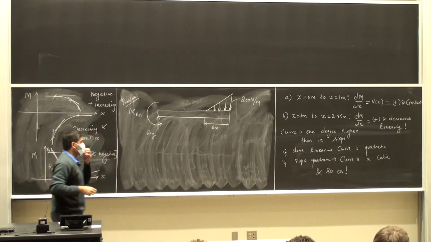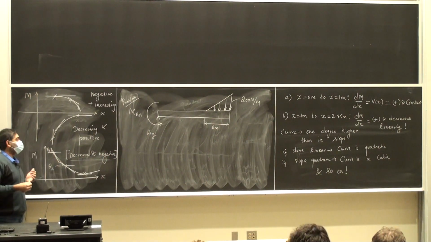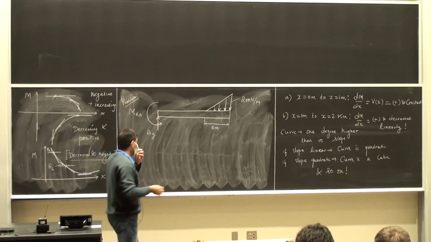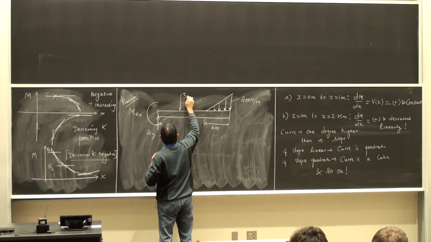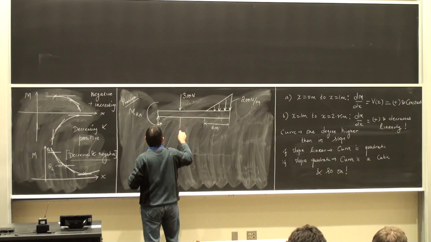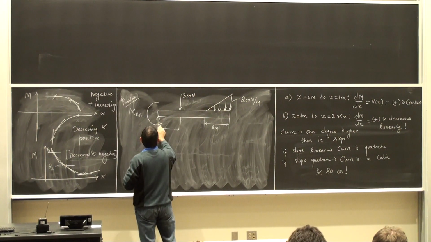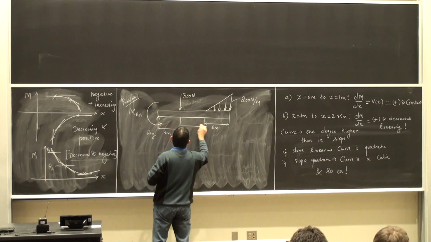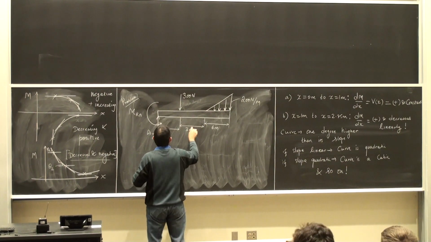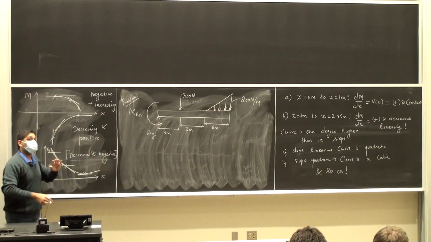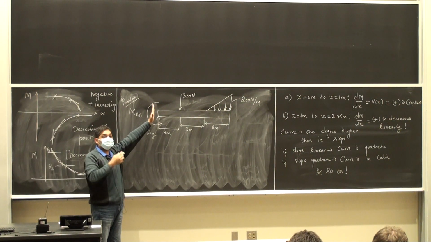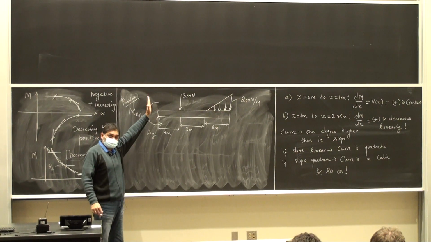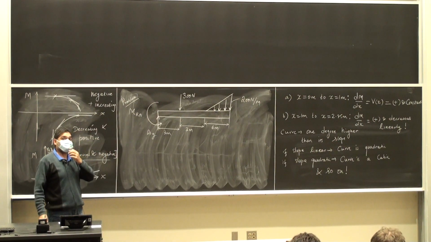Then I have a concentrated force of magnitude 300 newtons acting at 3 meters from the start of the beam. Once again, I'm not showing the fixed support. There was a fixed support here. I'm showing the effect of the fixed support. In the file that I posted on your Carbon page, I'm calculating the support reactions.